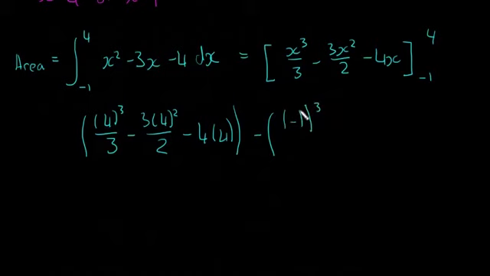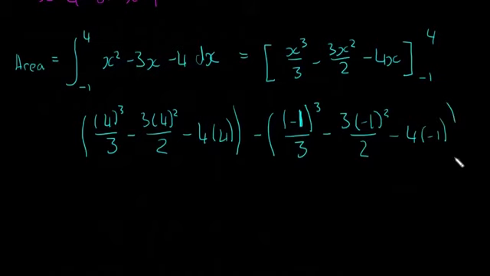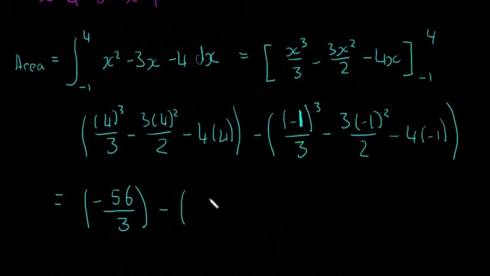Sorry, it's another bracket there, so that's supposed to be the minus 1, over 3 minus 3 by minus 1 squared over 2 minus 4 by minus 1, big bracket. Okay, stick that into your calculator and you're going to simplify that down to minus 56 over 3 minus 13 over 6.